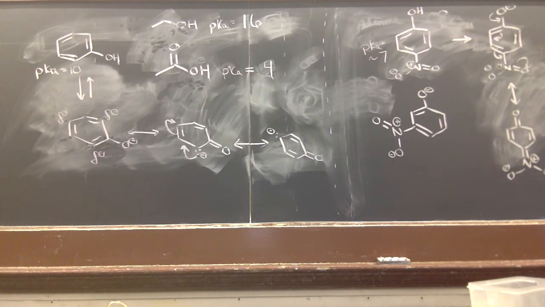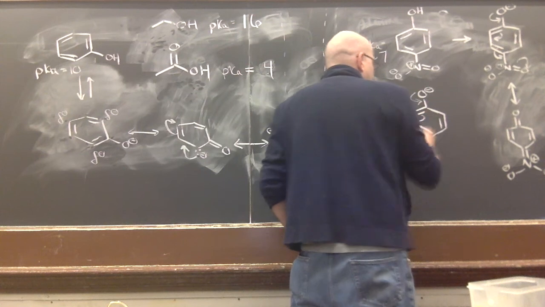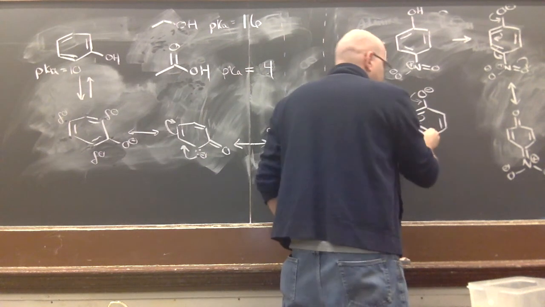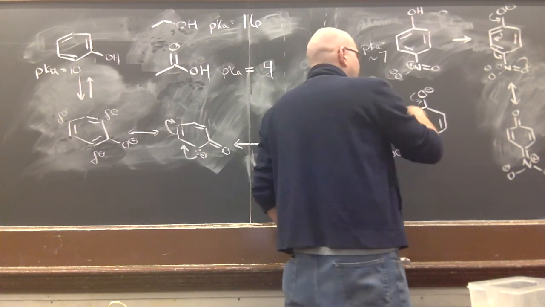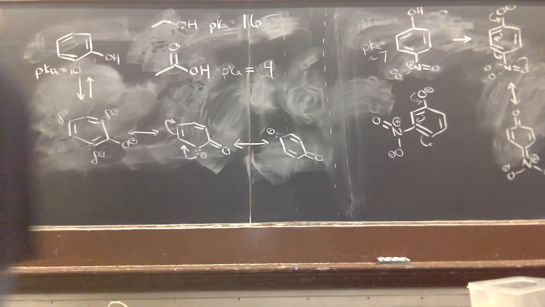While it's inherently inductively withdrawing, which would certainly have an impact on the acidity, it doesn't have that same resonance donation. There's really no way that you can push them up that way. So you push them onto this carbon, onto this carbon, onto that carbon, but you can never get that negative charge on the carbon that would be necessary to have the resonance go back into that nitro.